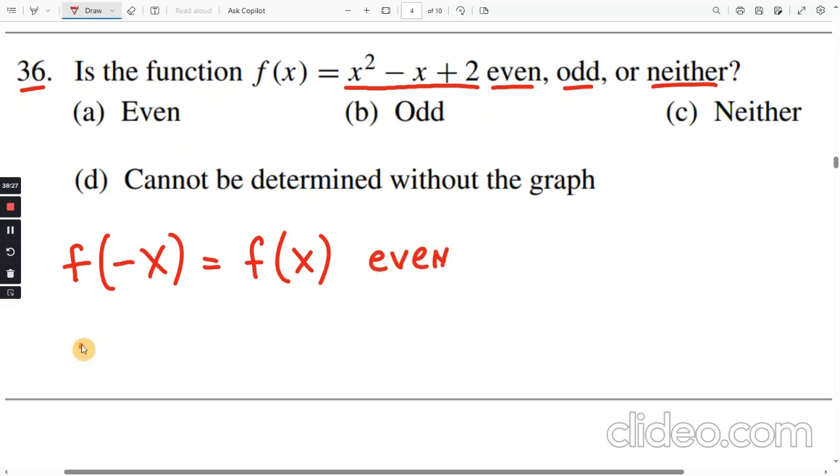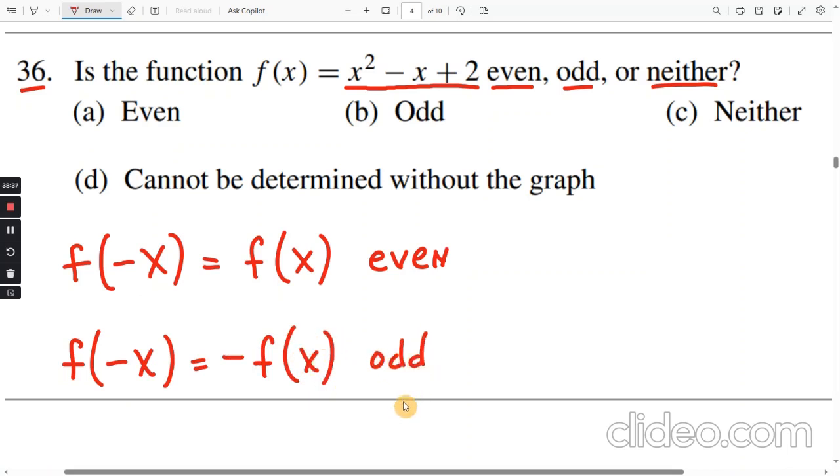And if you do f of -x and it equals the negative of the original, that's going to be odd. The way I remember it is that if you negate both of them, then it's going to be odd. But if you just have -x, it's going to be even. Anyhow, let's find f of -x.